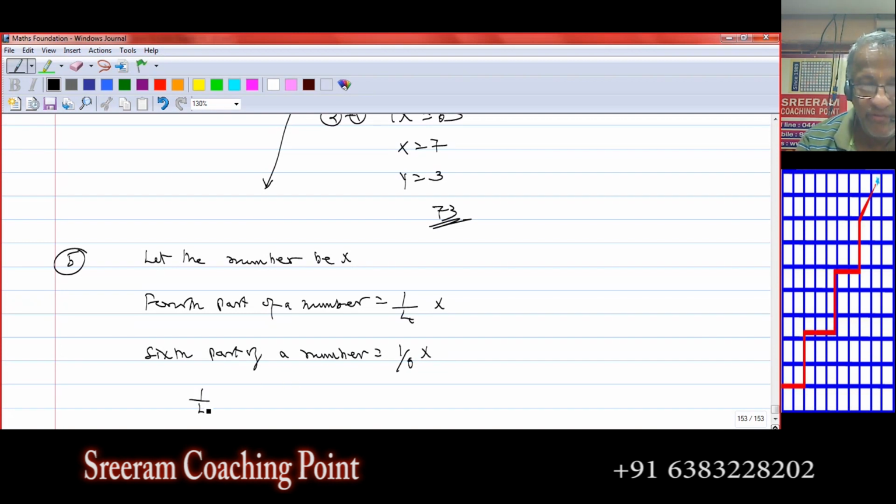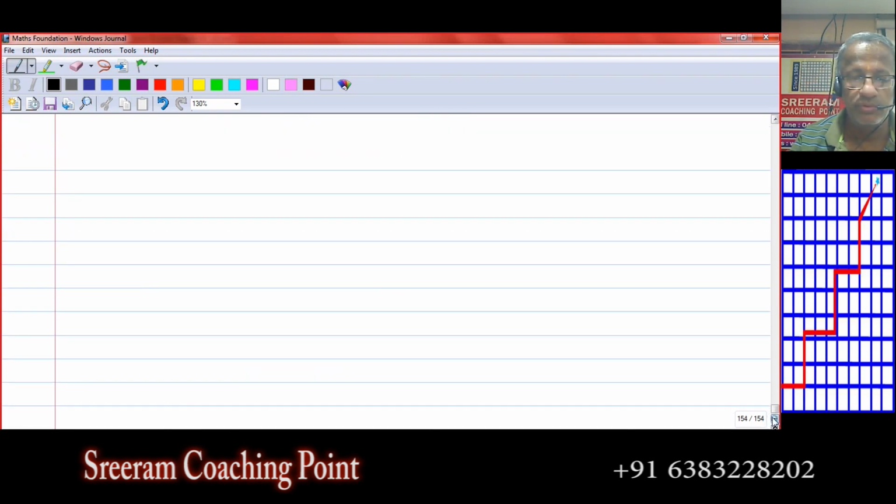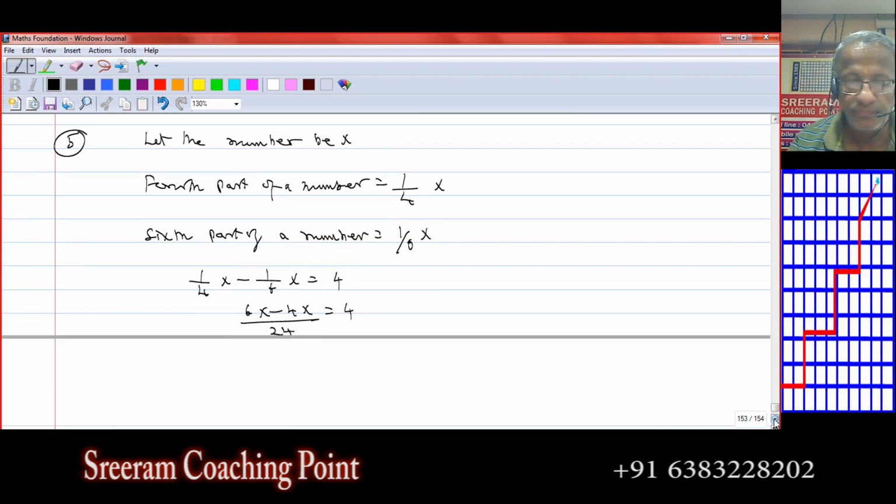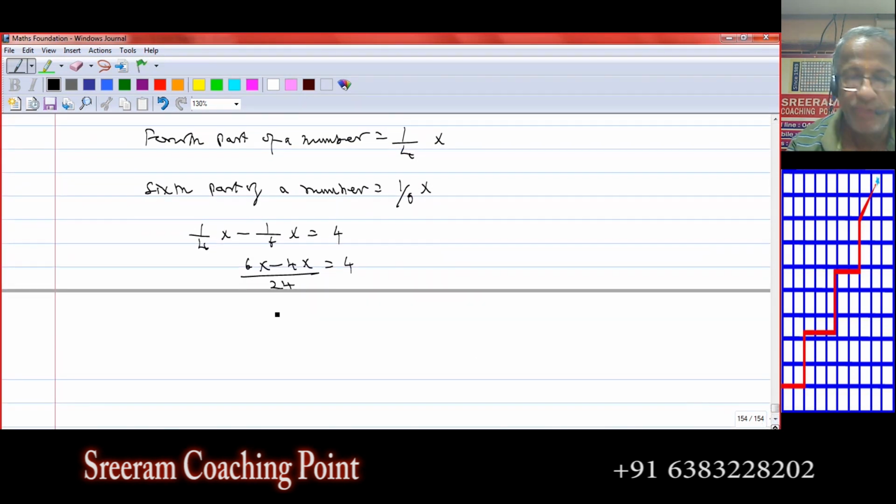So 1 by 4x minus 1 by 6x equal to 4. So with 24 as the common denominator, 6x minus 4x equal to 4. Right. 2x divided by 24 equal to 4. x equal to 48. This is item number C.